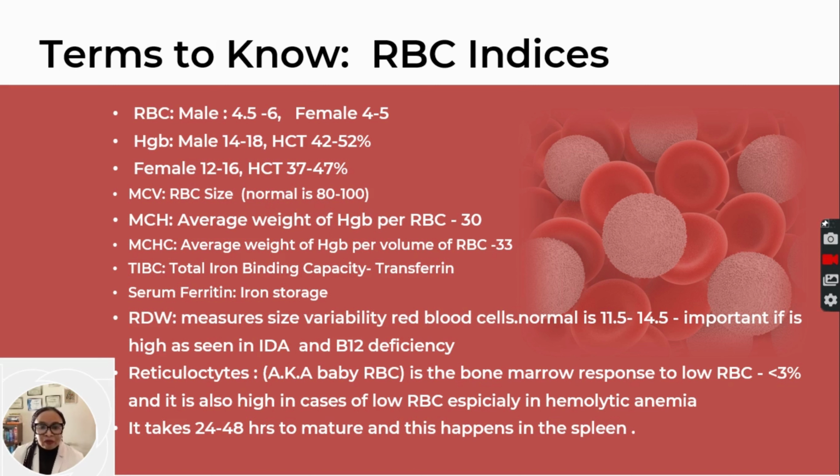When your storage is empty, you're going to have open space for iron. When your storage is full, you're going to have lower space for iron. So transferrin and ferritin work in inverse proportion. If one is high, the other one is going to be low. We'll see that as we progress.